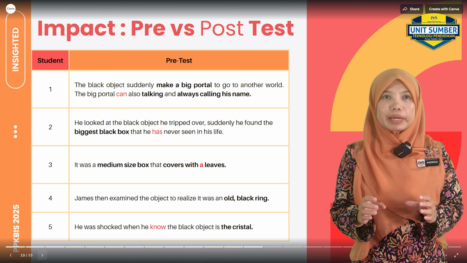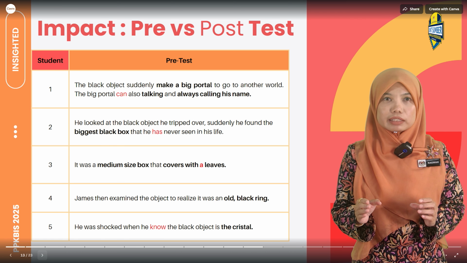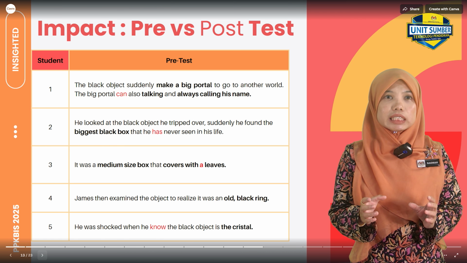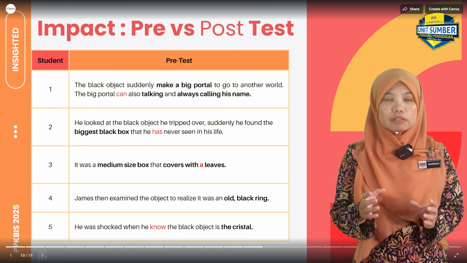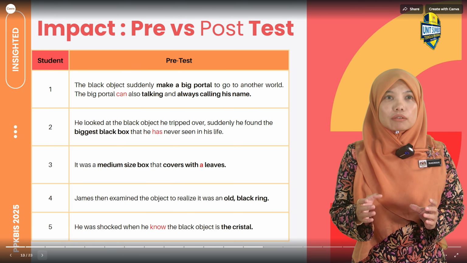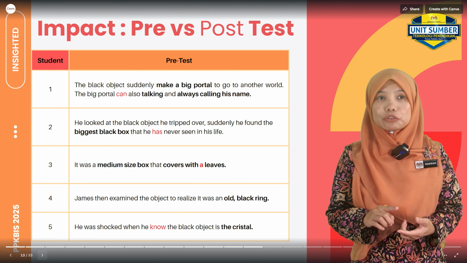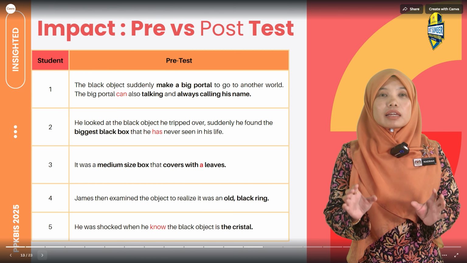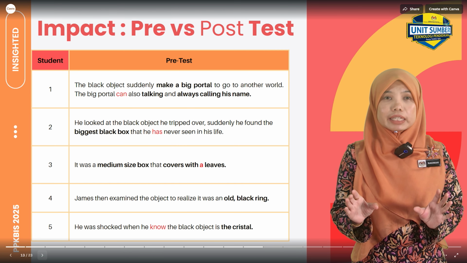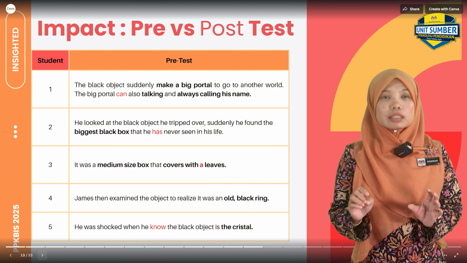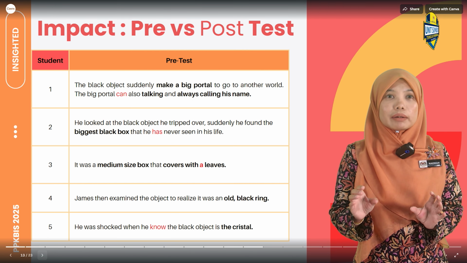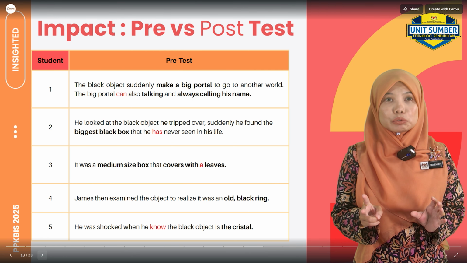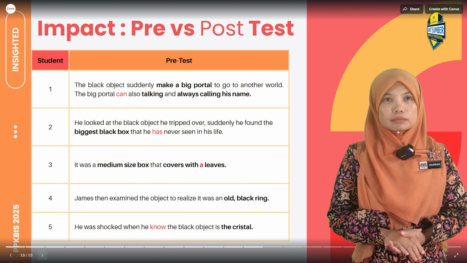So this is the impact of the pre- versus post-test. As you can see here, this is a sample of their writing for the pre-test. From students 1, 2, 3, 4, and 5, their description of the object is quite simple. Most of them only describe the object in one or two details.